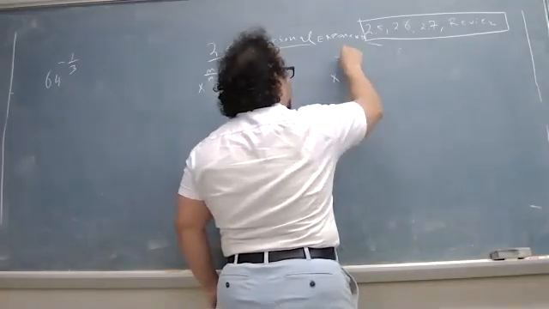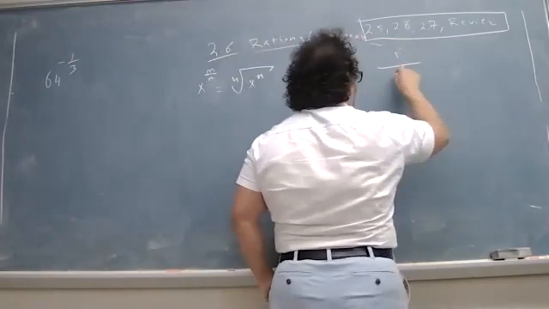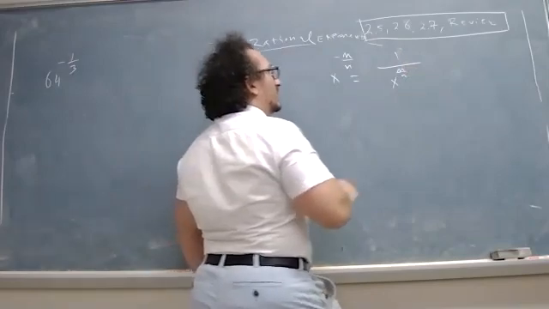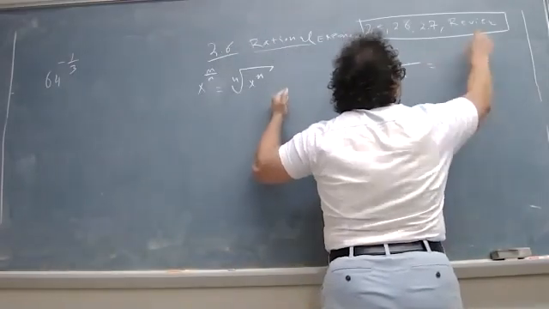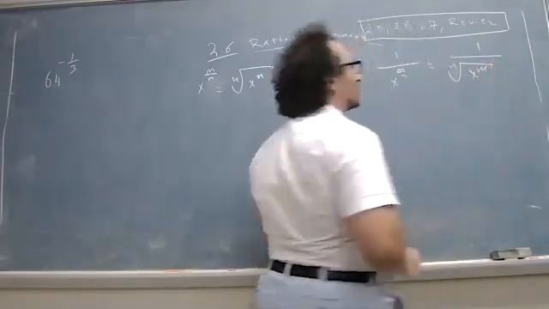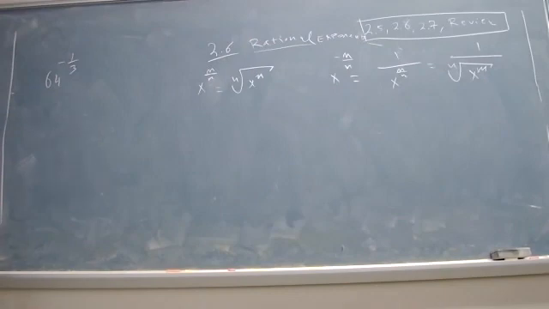But x to the negative m over n power is the same thing as 1 over x to the positive m over n power, which then means the negative disappears in the denominator here. Keep that in mind when we compute this.